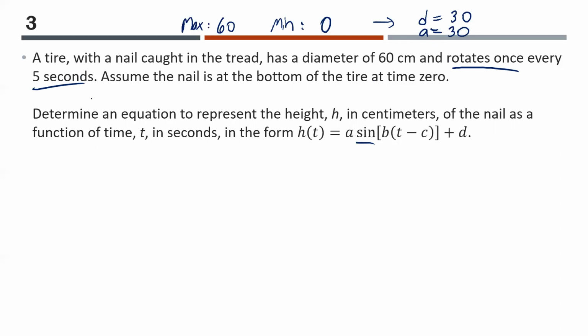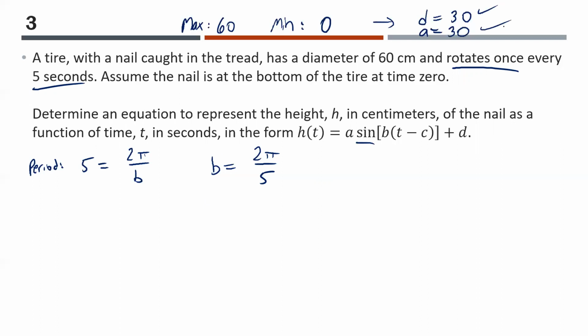So that's a full rotation, so that is the period. So we can say the period is 5, which should equal 2 pi over your b value. Multiplying by b and dividing by 5, you're going to find that b is going to equal 2 pi over 5, which I know looks clunky, but that's honestly how we usually would represent this. So b is going to be 2 pi over 5.